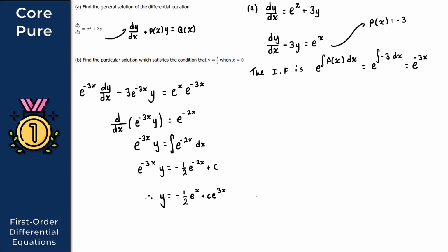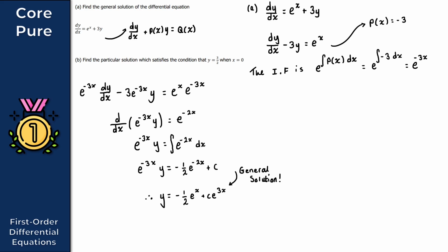Okay. So this here then, this is the solution to part A. This is the general solution to this given differential equation here. So let's just make a note of that here then. So that's our general solution there, giving us a solution to part A.